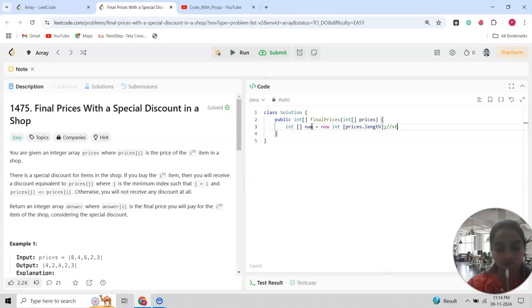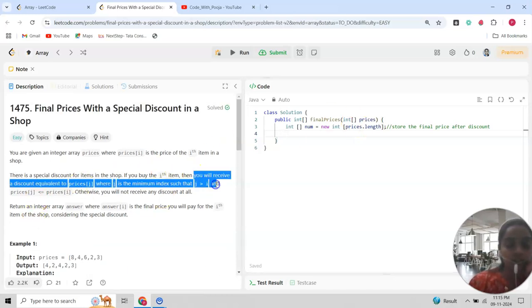It will store the final price after discount.